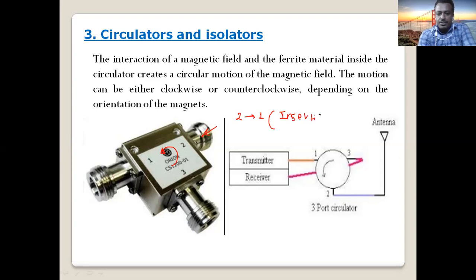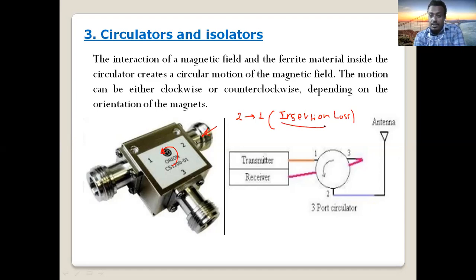What is insertion loss? As we have discussed, any passive device absorbs some of the signal. There is some attenuation when you transmit a signal through a component. Some part of the power is lost due to the component itself. That we call insertion loss.